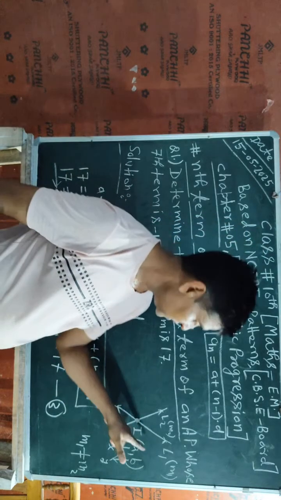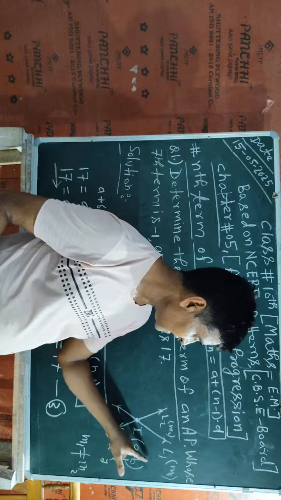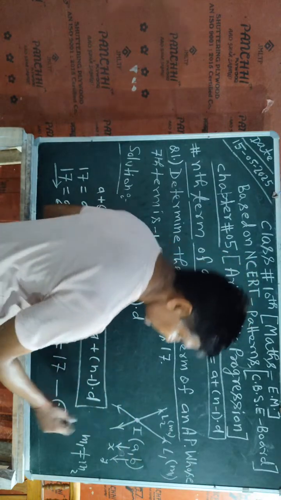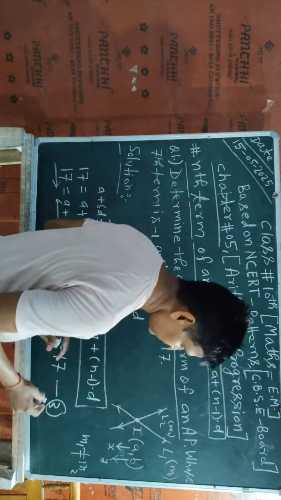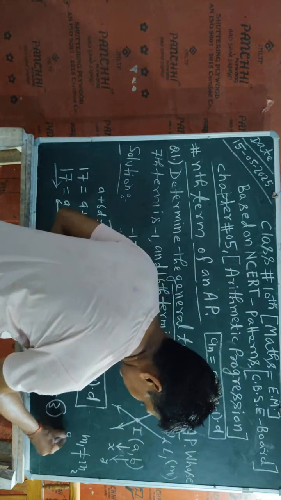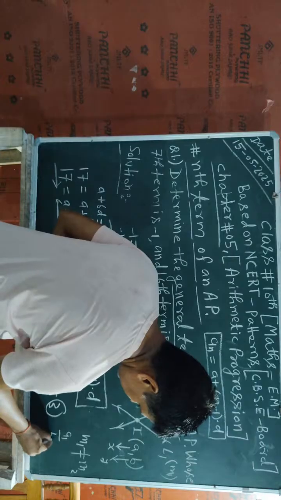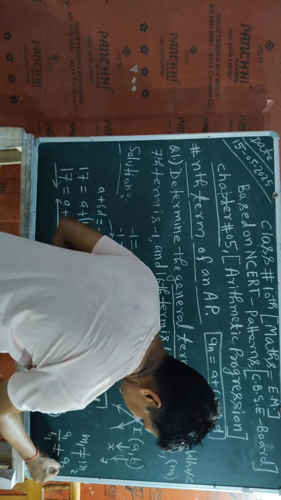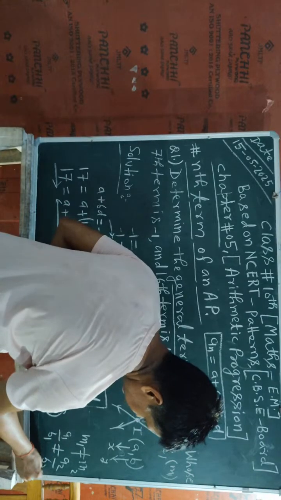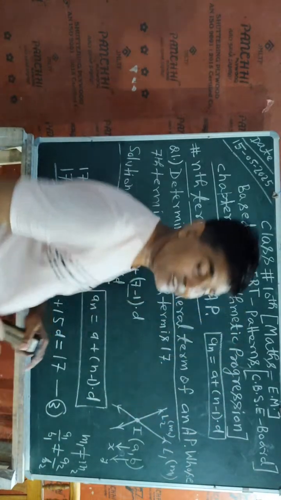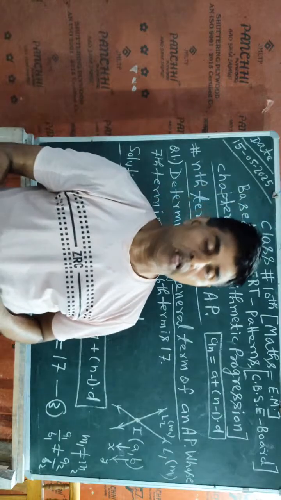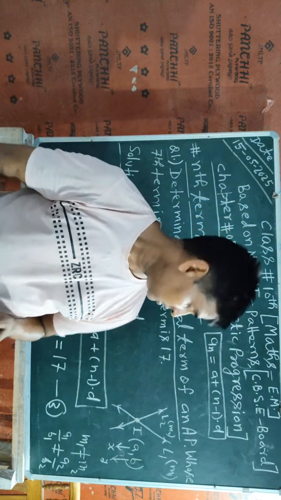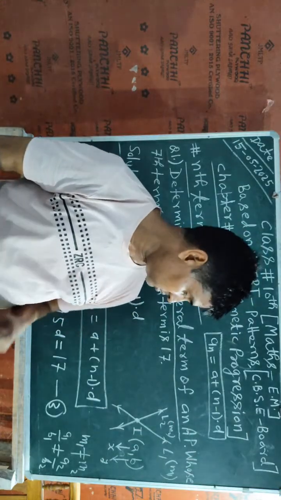It means that we have to get the value of a and also the value of b. So in the general equation of a straight line, a1/a2 is not equal to b1/b2. This information I have already explained in chapter number 3, Pair of Linear Equations in Two Variables.